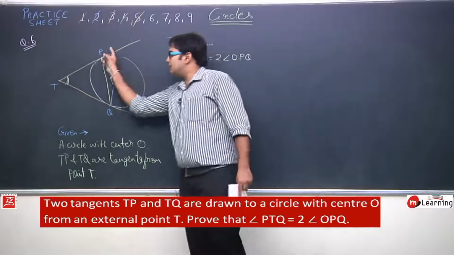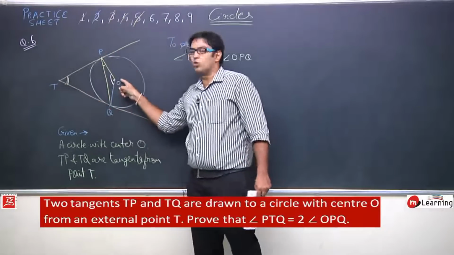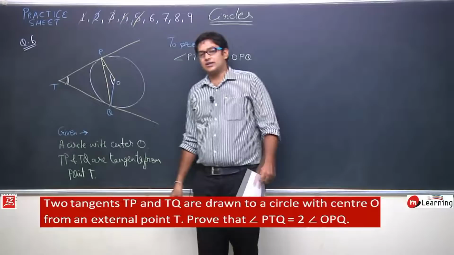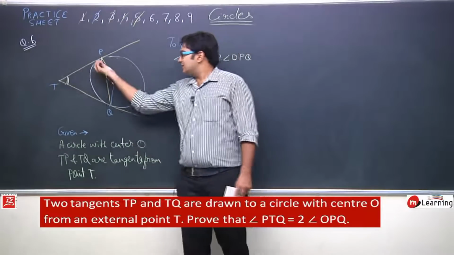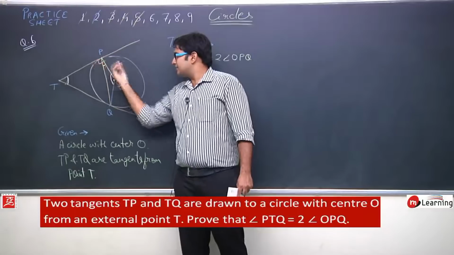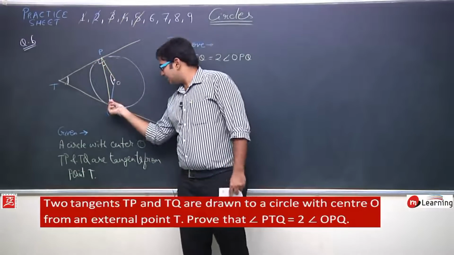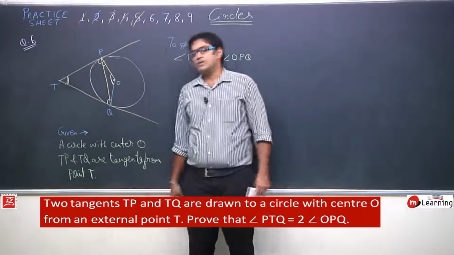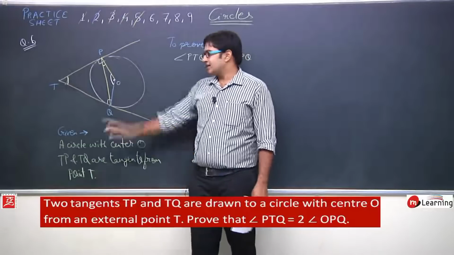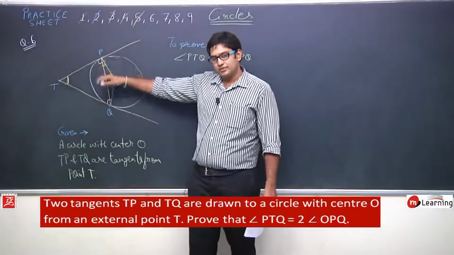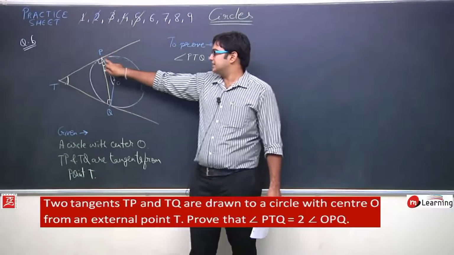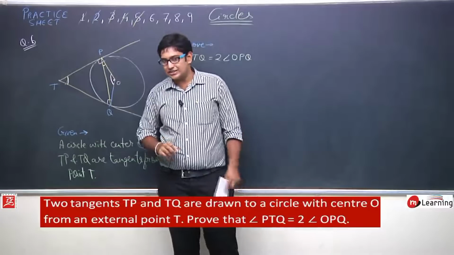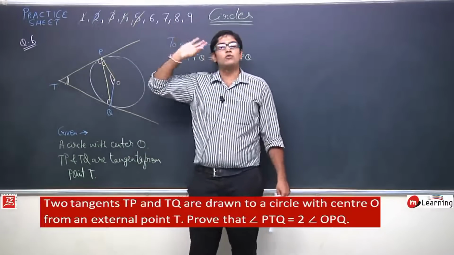Why was it 180 degrees? Because if you observe PTQO, this is a quadrilateral. In this quadrilateral, this particular angle is 90 degrees and this particular angle is also 90 degrees. And why are these two angles 90 degrees? Because of theorem 1, that at the point of contact, the radius and the tangent are perpendicular to each other. So this is what we have proved previously.